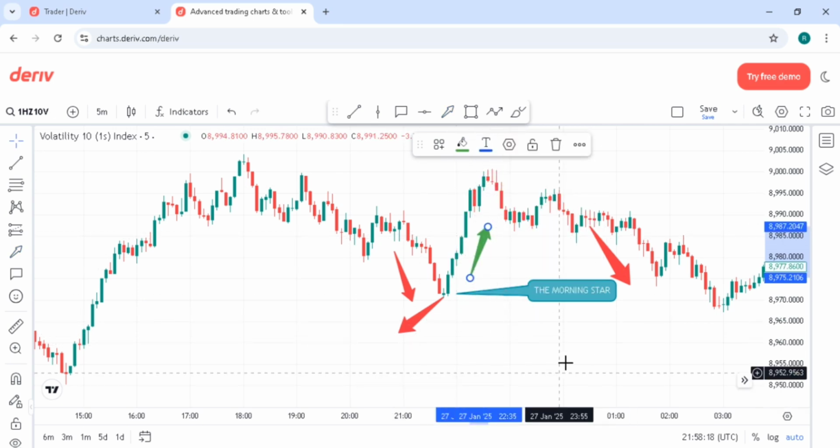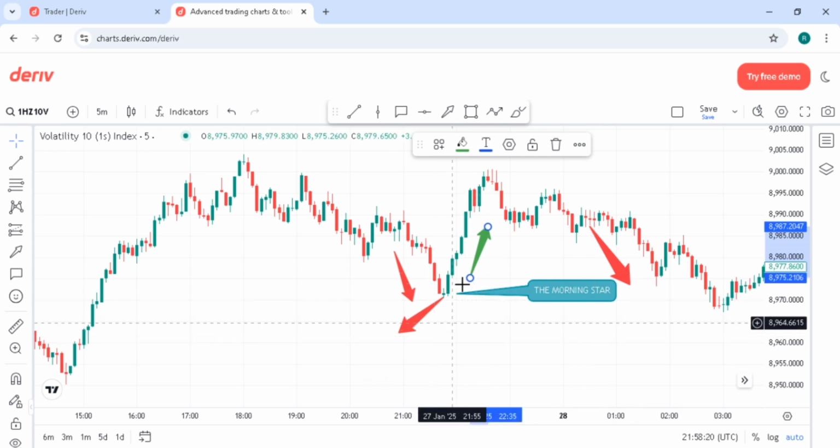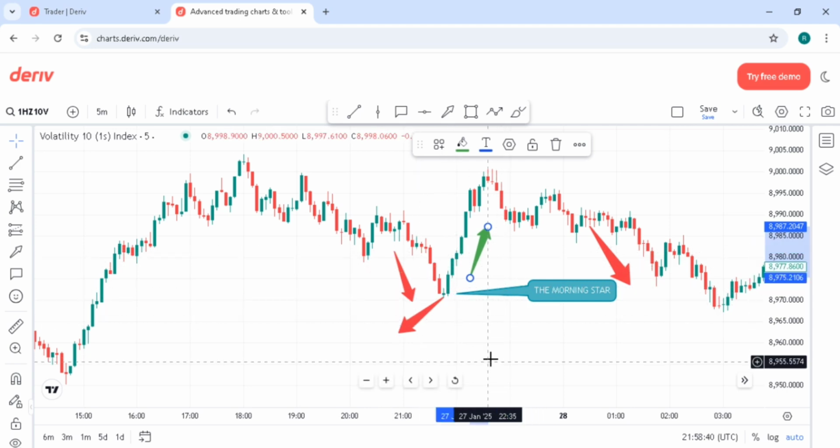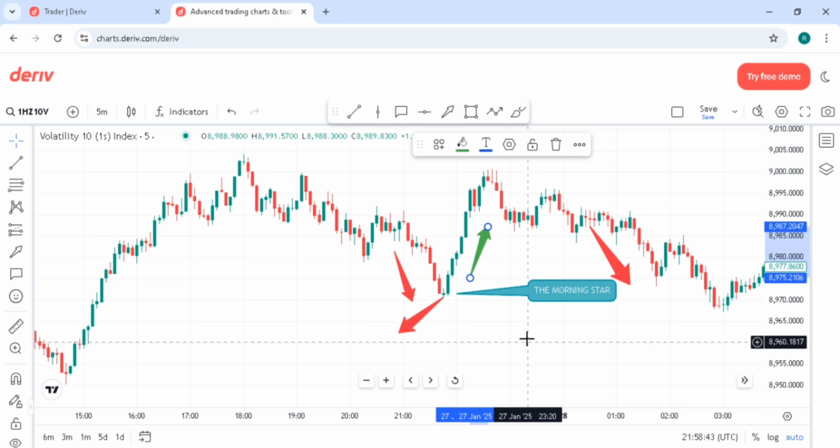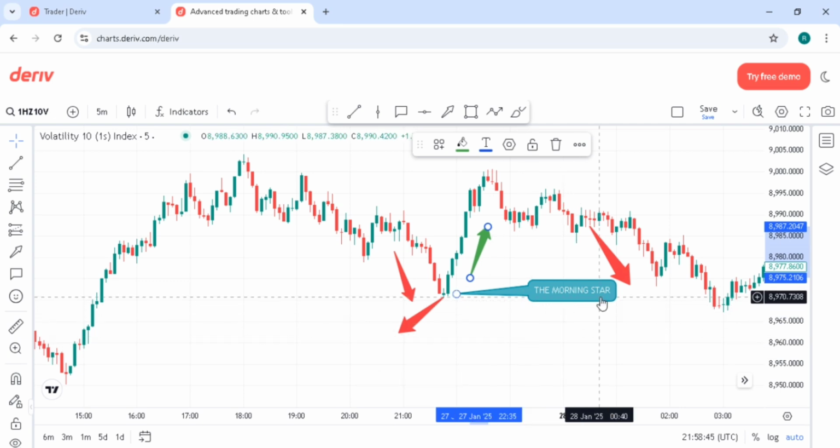So the morning star is also a reversal candlestick. It is a three candlestick pattern, formed in this form: big, small, big. Big candlestick, small candlestick, big candlestick. That is a complete formation of a morning star. So it means that the market is going to rise.